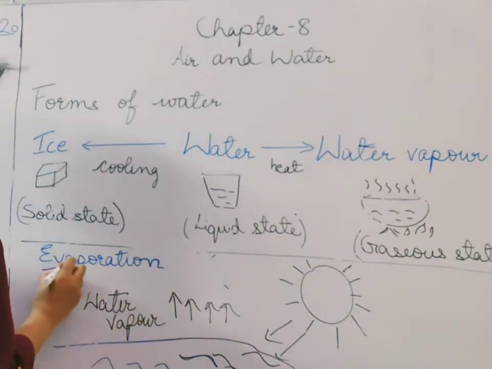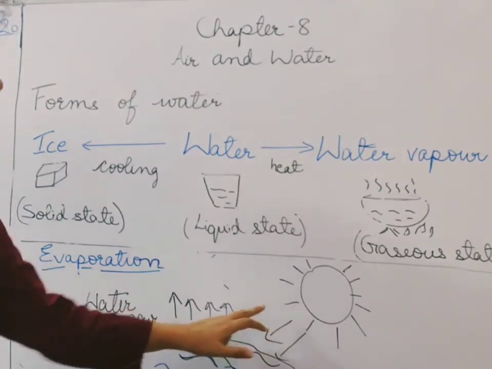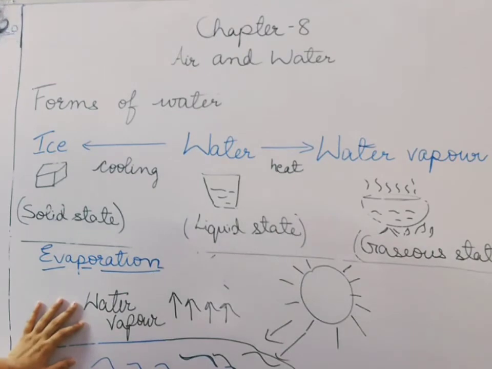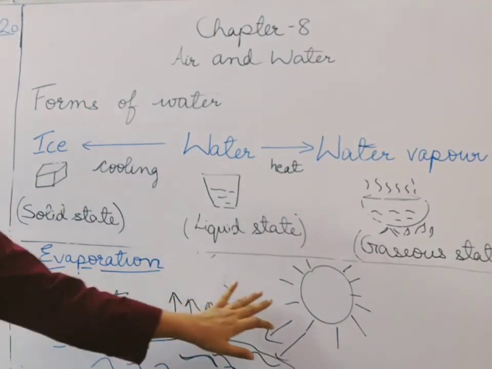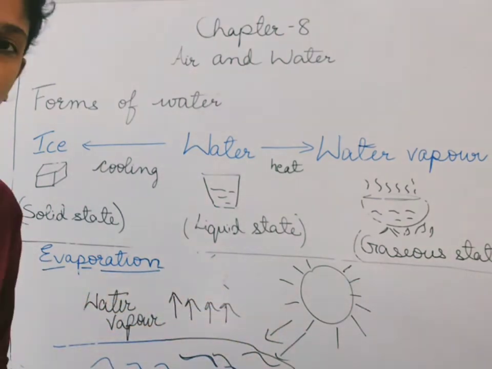Evaporation. This process in which the water from rivers, lakes, seas, etc. gets heated up due to the heat of the sun and rises up in the form of water vapor, or gets changed from water to water vapor due to the heat of the sun, is known as evaporation.